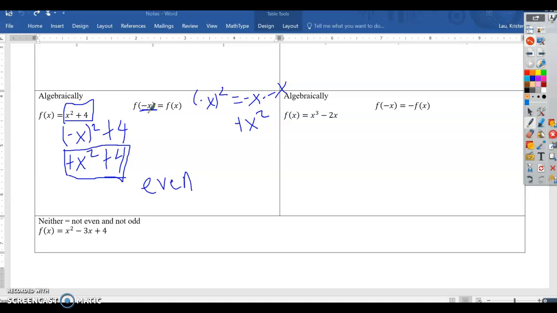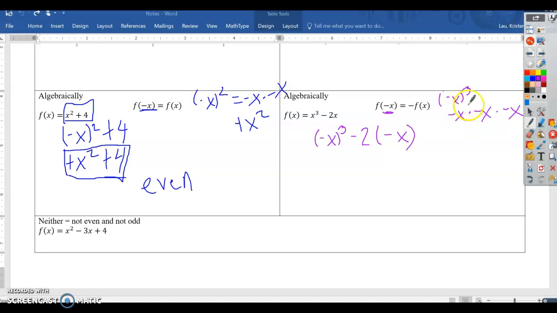Now we're going to look at how to tell if an equation or a function is odd. I'm going to use the same method. I'm going to plug negative x into this equation. So I have negative x to the third power minus 2 times negative x. I know that negative x to the third power is negative x times negative x times negative x.